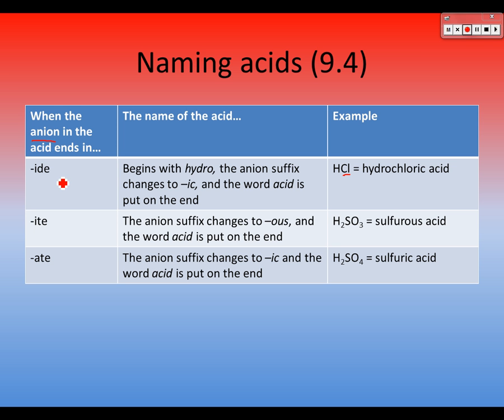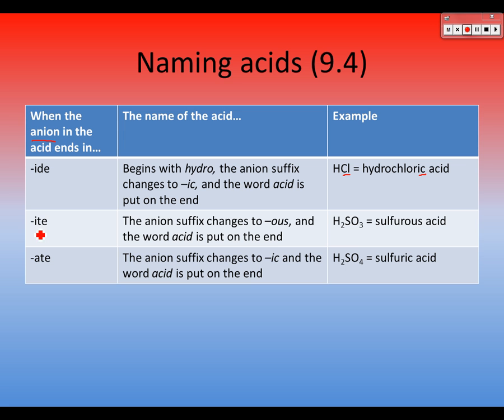A general rule of thumb in all of these is that the word acid is put on the end. So chloride ends in "ide", so we put hydro in front, change the "ide" to "ic", and then add acid: hydrochloric acid.